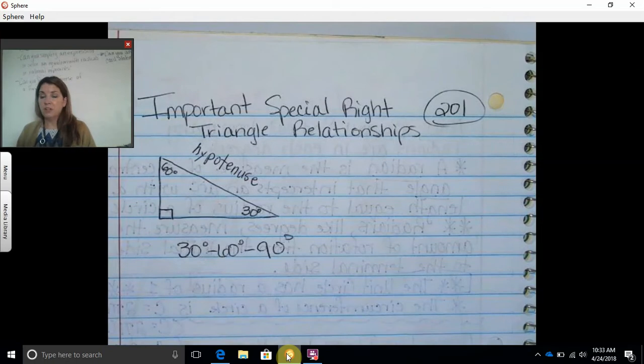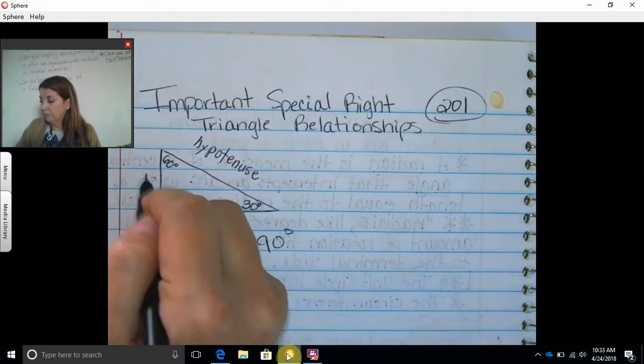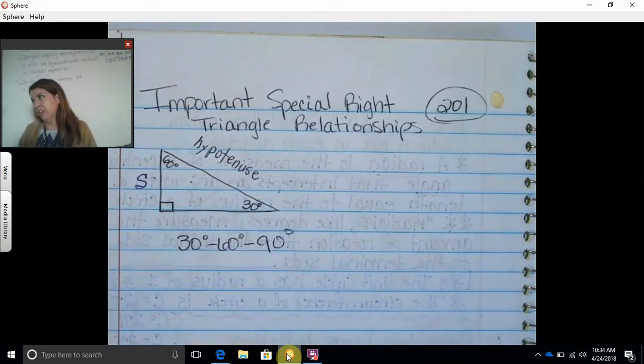Now, when you're dealing with a 30, 60, 90 triangle, your side lengths have relationships with each other. So if you just know one side of the triangle, the length of it, and you know what these relationships are, you could find all of the other sides and you don't even have to measure, okay? So we refer to the smallest side, we call it S. You want to think of it as smallest side.